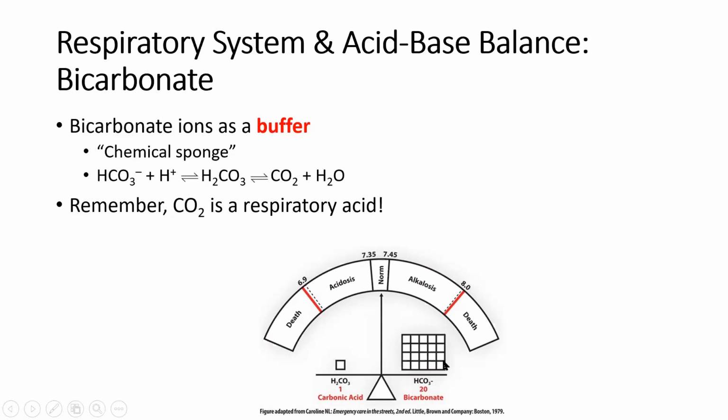Whereas if we lose bicarb, then acid takes over, right? CO2 takes over, and that pulls our lever towards the acidotic side. But if we have both of these things in this nice steady balance, this keeps our pH in this window of 7.35 to 7.45, which is normal for our cells.